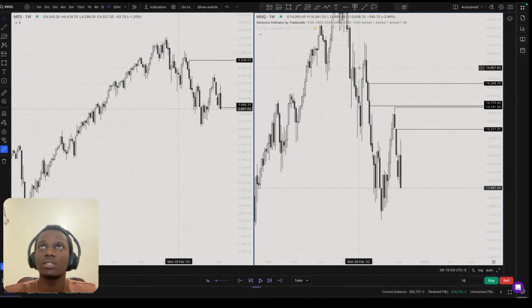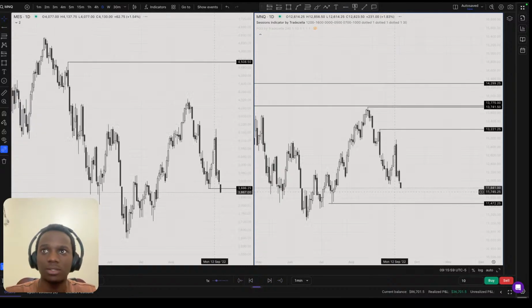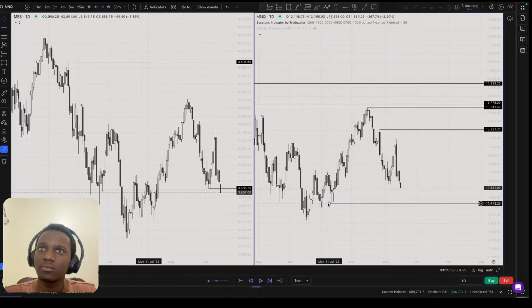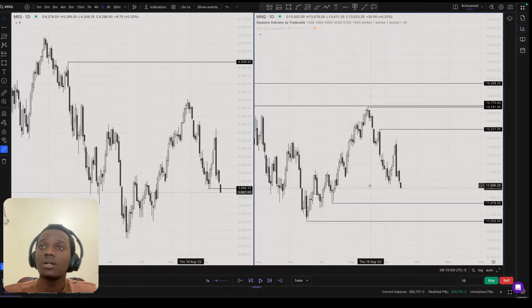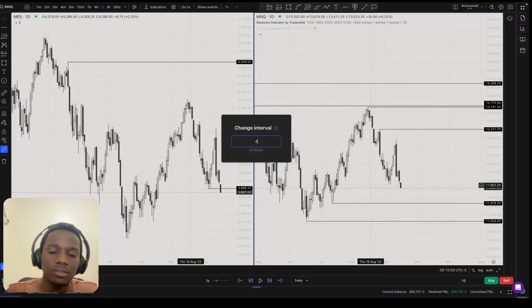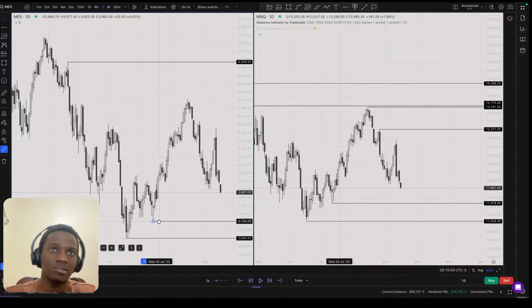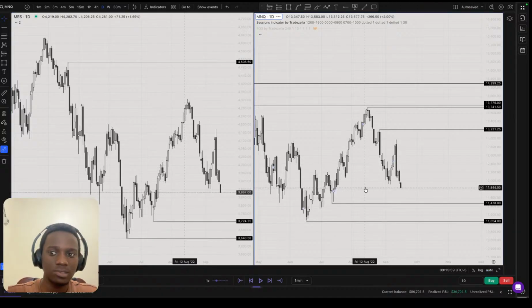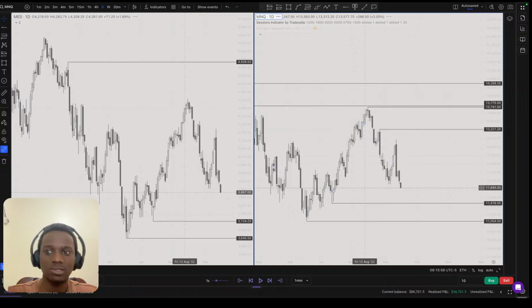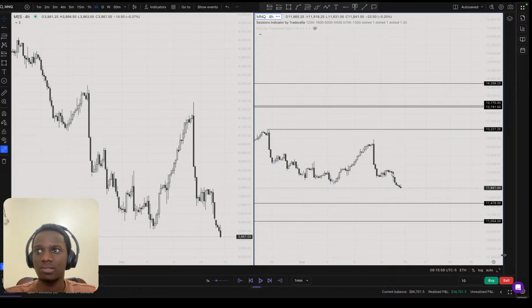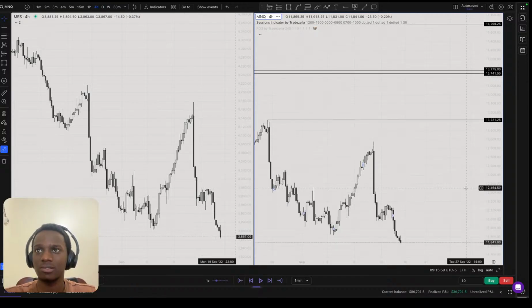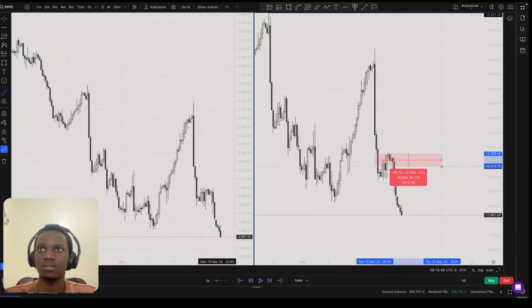So I think it's time. So not previous, the weekly low there. Next sell side targets. So I'm looking to short it, obviously. So now there's this.